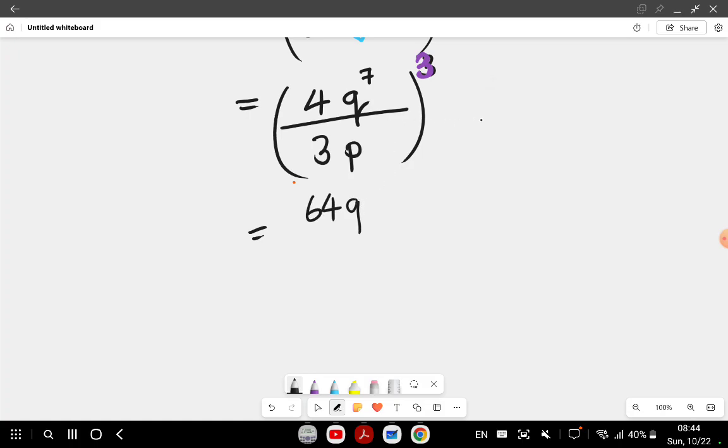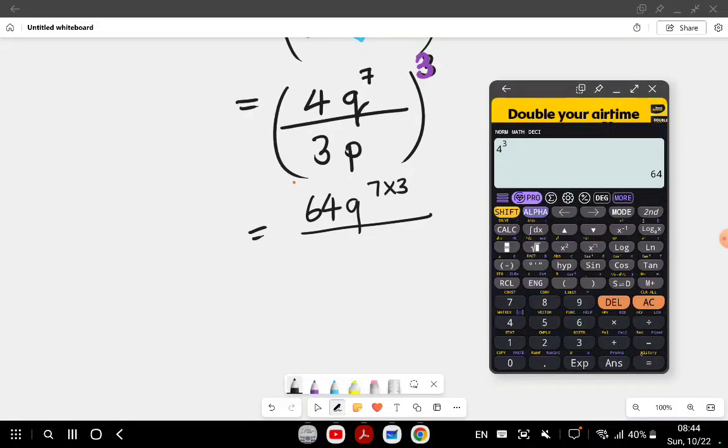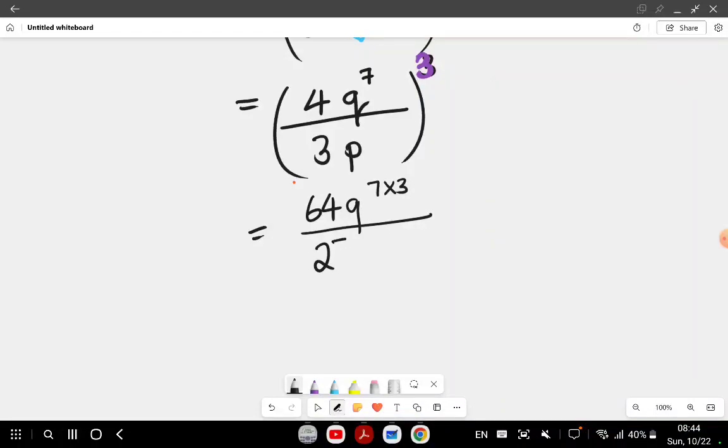Q, and my exponents become 7 times 3 over 3 to the power of 3. Again, I'm going to say 3 exponent 3, 27. P, 1 times 3.